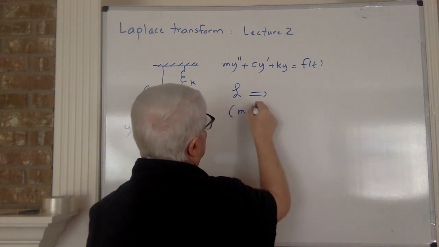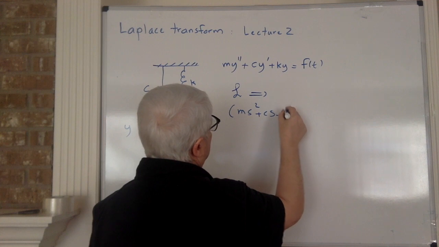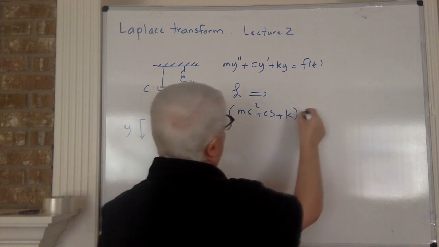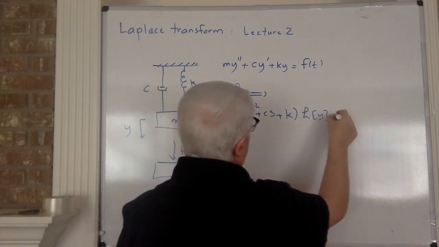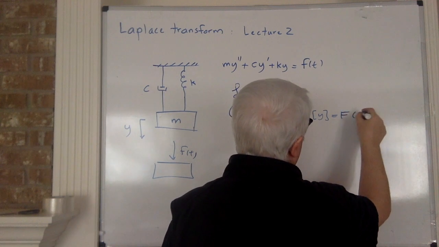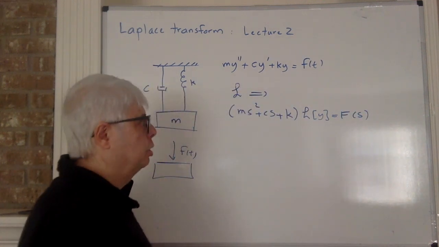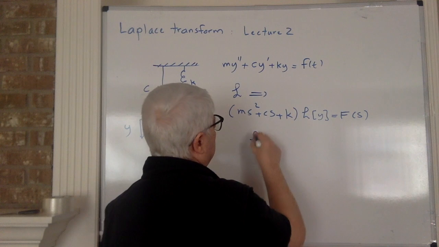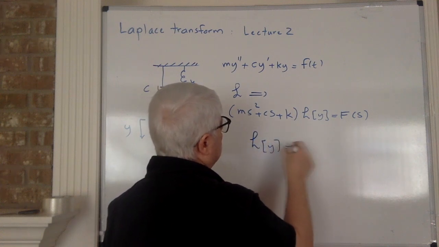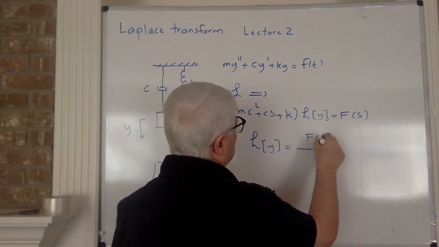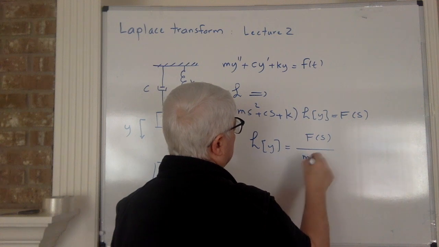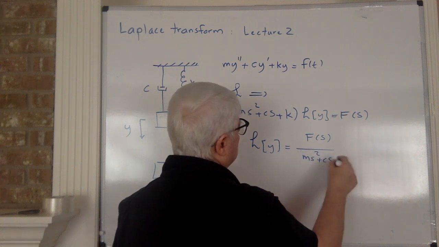M s squared plus cs plus k times L of y is some function of s. L of f(t) is a function of s. So I have L of y is in fact some function of s over ms squared plus cs plus k.